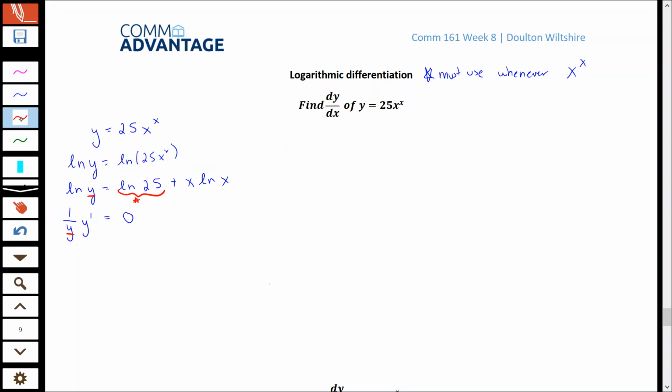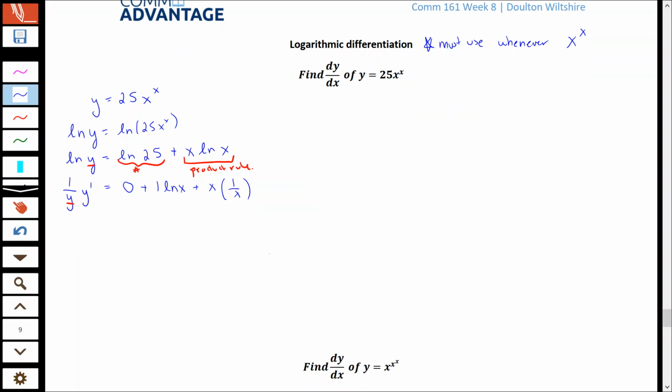Now the x ln x, this is our golden product rule. So the derivative of the first is 1, keep the second, ln x, plus keep the first, derivative of the second, 1 over x.